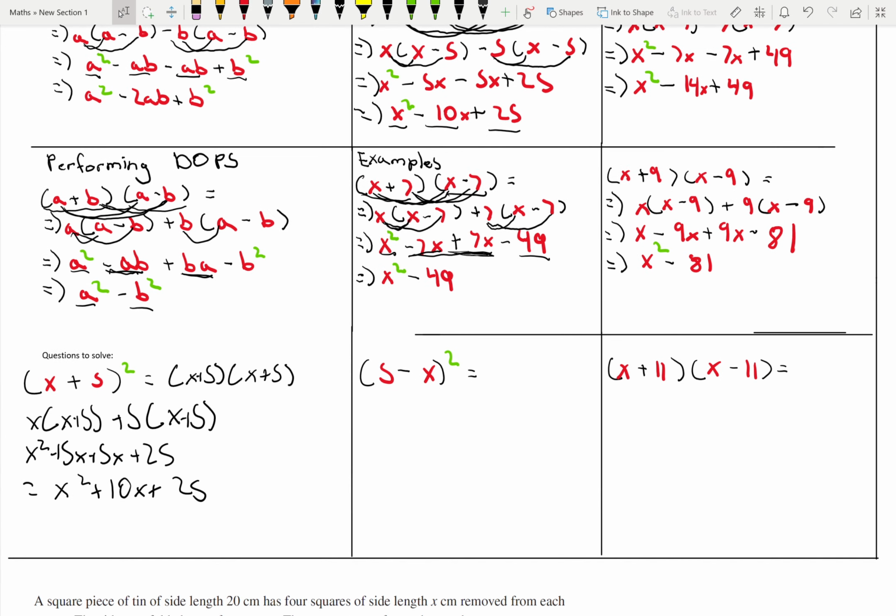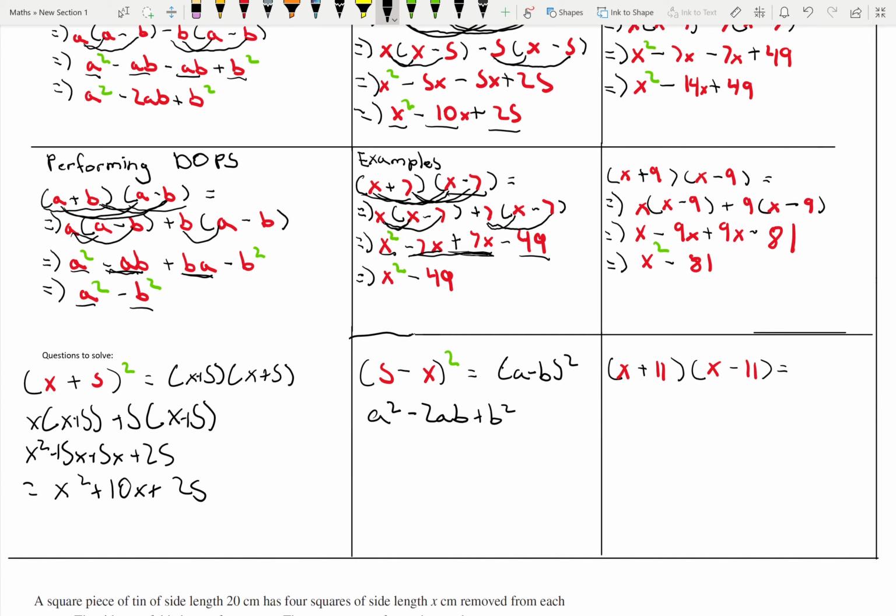Let's try another one. 5 minus x squared. Now, we could use the distributive law, but I think we've all practiced it and are skilled enough to use the quicker method, and that would just be using the a minus b whole squared formula, which we all know already equals a squared minus 2ab plus b squared.